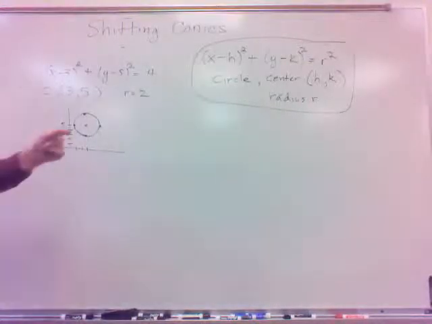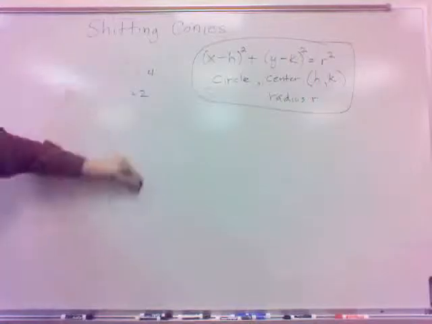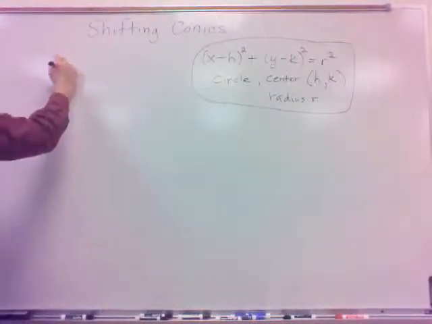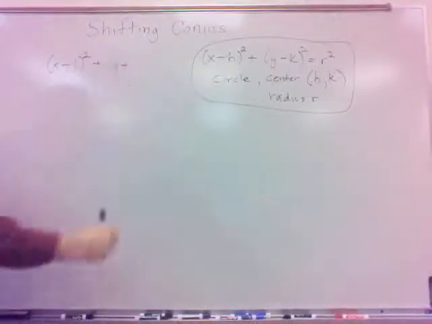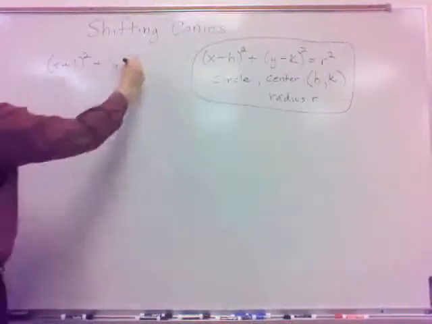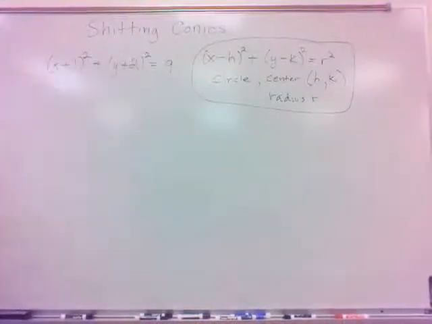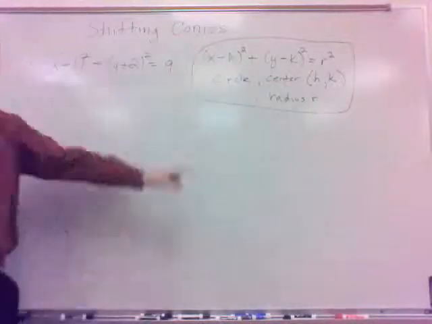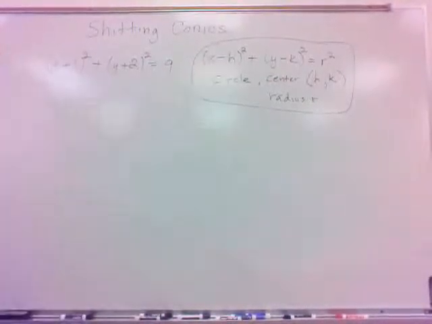Now, the only thing is, what if it's not a minus in there? What if I have (x plus 1) squared plus (y plus 2) squared equals 9? Instead of minuses, I've got pluses. Well, like we said, it works kind of the opposite of what you would think. If it's minus, it makes it go to the right and up.